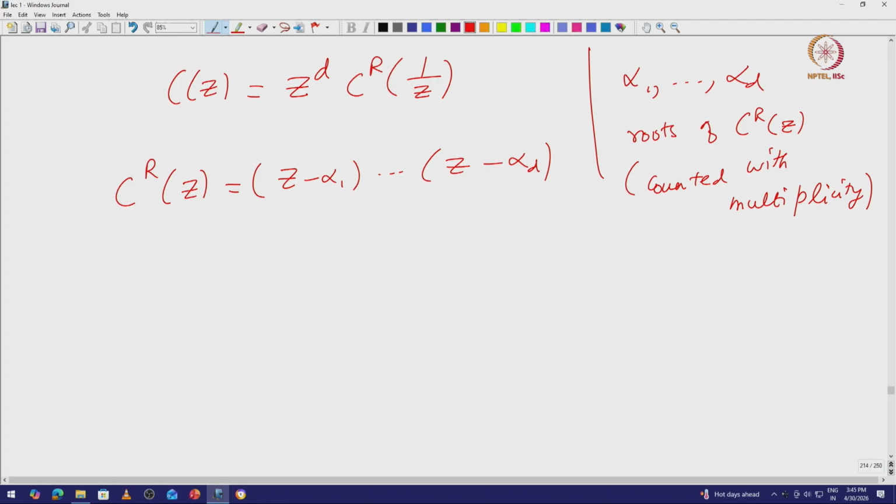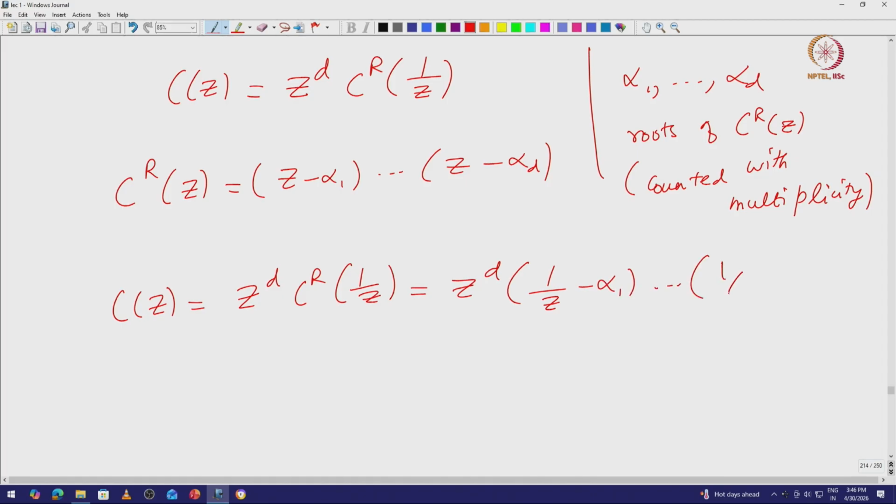Now you can see that if C_r of z is this, then C of z becomes exactly z^d C_r of 1 divided by z, which is exactly z^d times (1/z minus alpha_1) times etcetera times (1/z minus alpha_d).